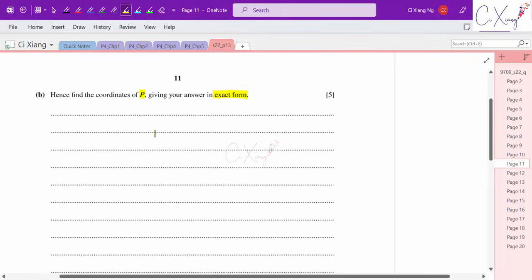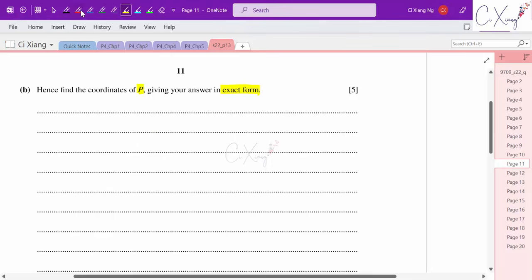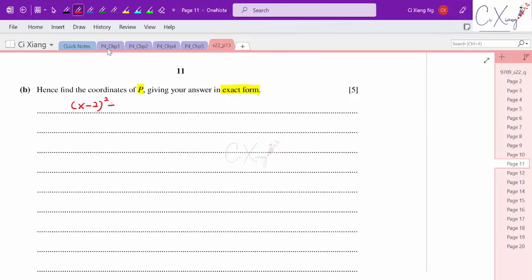So to find out the intersection point, we need to solve these two equations simultaneously. Again, my original curve equation is (x minus 2) squared plus (y plus 4) squared equals 20. This is my circle equation.